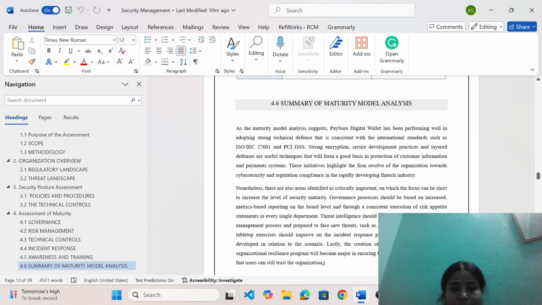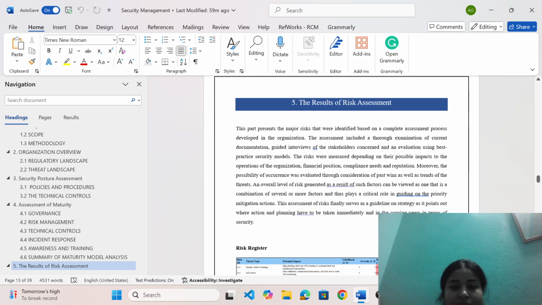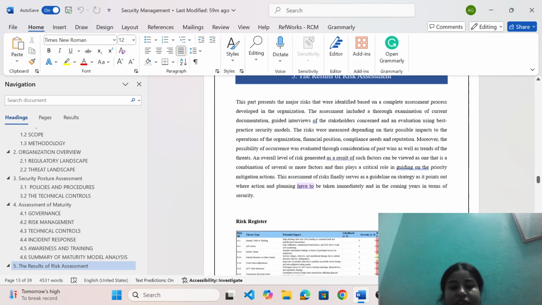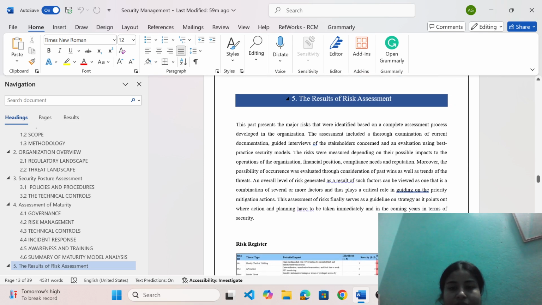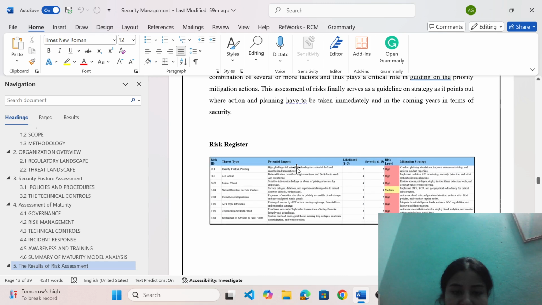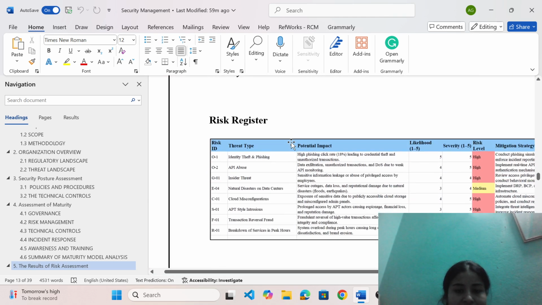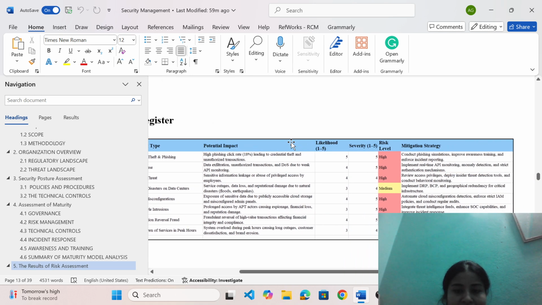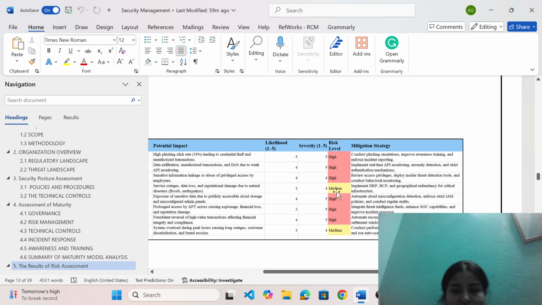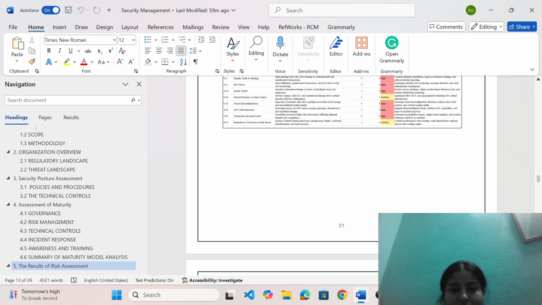You can see here the results of the risk assessment, the risk register table, where I identify different types of threats and their potential impact, likelihood, and level of risk, and how we can mitigate each of them with a mitigation strategy.